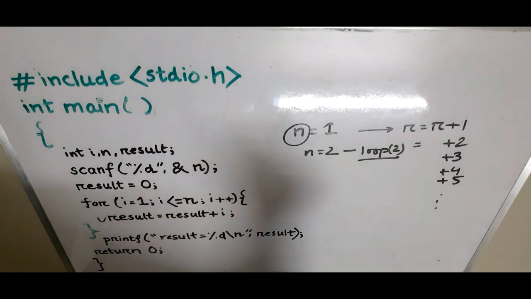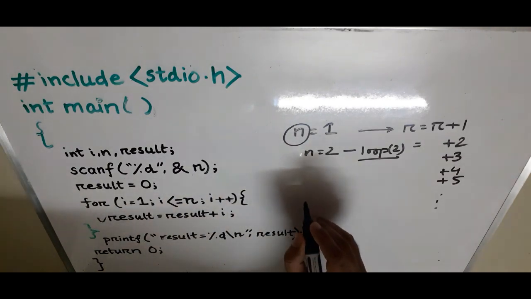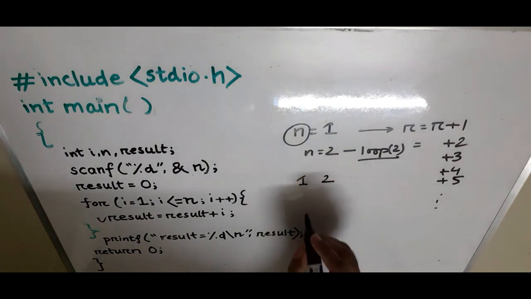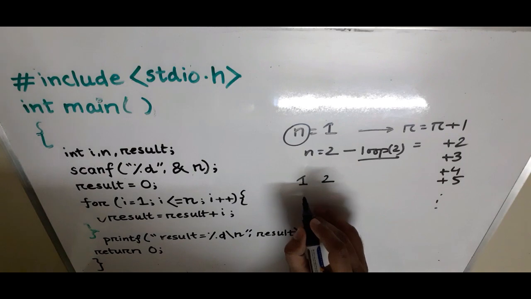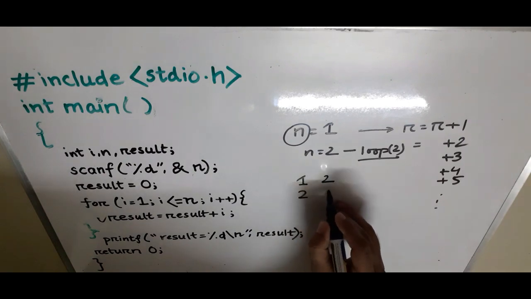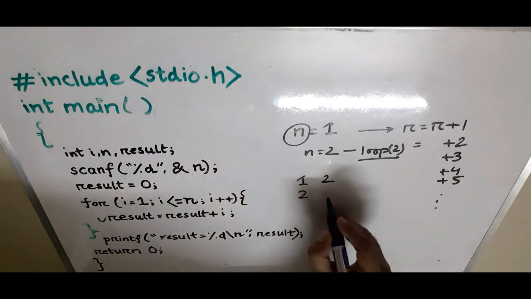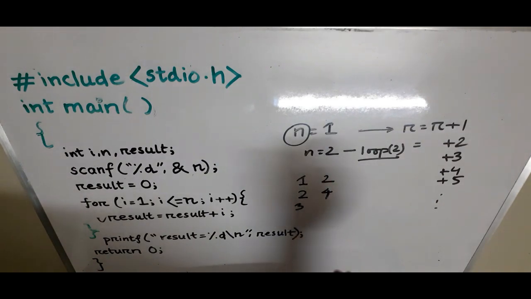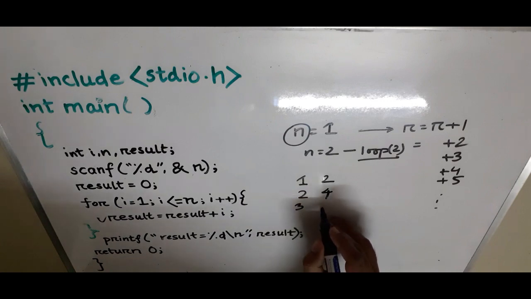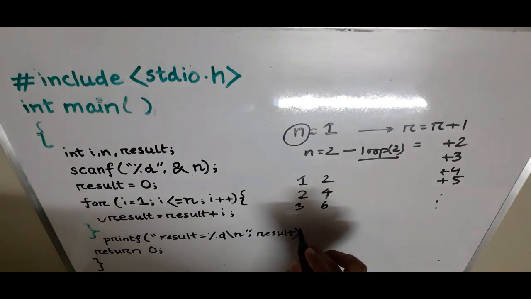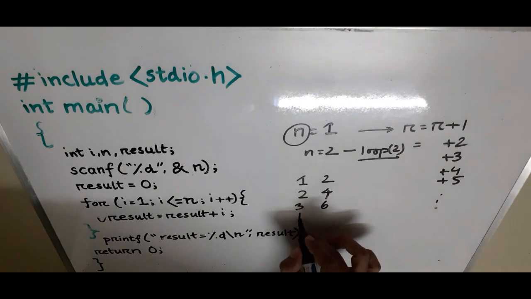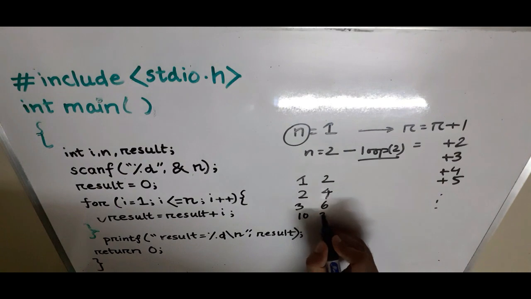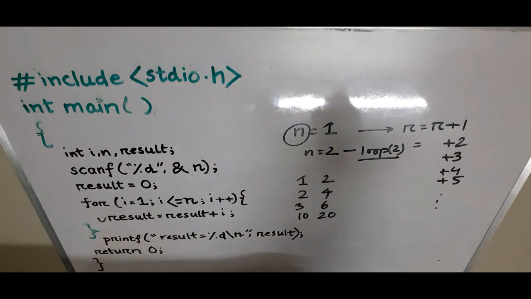Plus and equal, 2 operations. So if we have n equal to 1, number of operations is 2, right? If we have n equal to 2, in that case number of operations will be 4. If we have 3, number of operations will be how much? 6, right? And if we have 10, number of operations inside this for loop will be 20, and it goes like this.